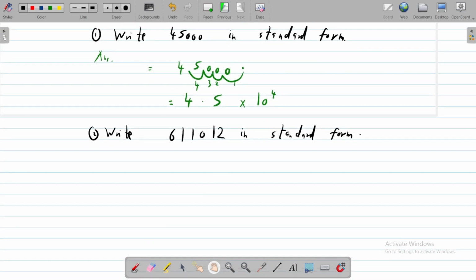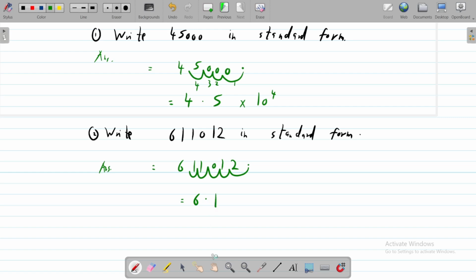So firstly, tell me what's the first step? After, okay, so 11012 decimal here, then so 1, 2, 3, 4, 5. Okay, so we got 6, and what do we write after 6?